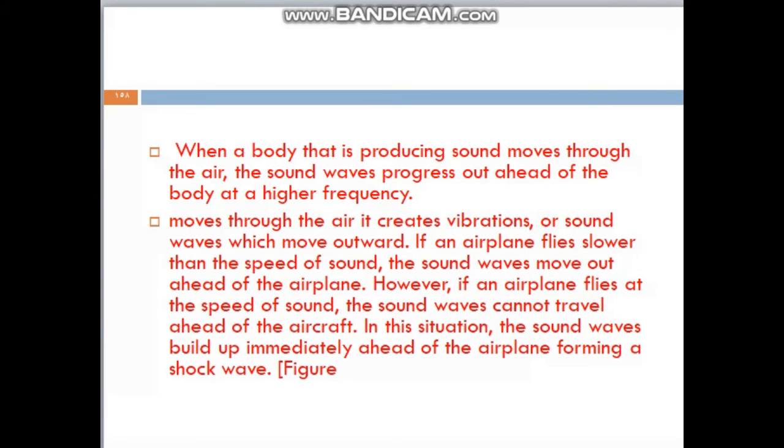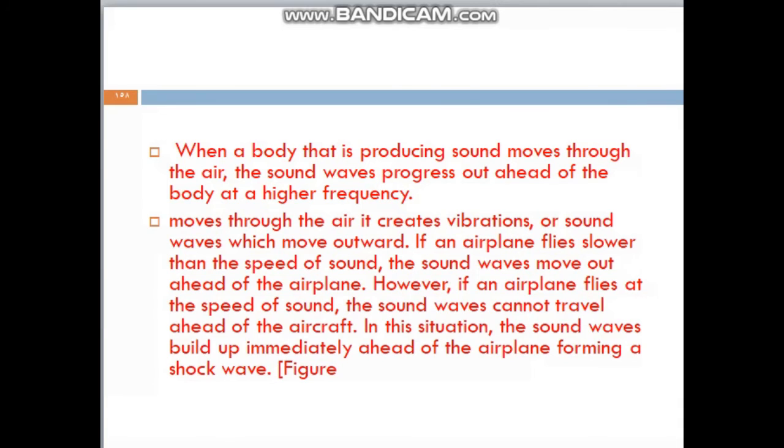When a body that is producing sound moves through the air, the sound waves progress out ahead of the body at a higher frequency. As it moves through the air, it creates vibrations or sound waves which move outward.